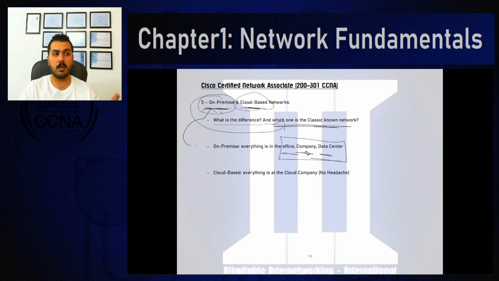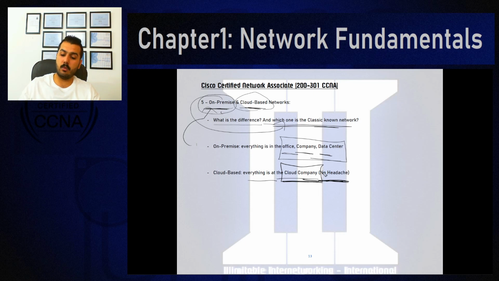The cloud-based type is a new type of network. Everything is at the cloud company, which results in no headache for you or for your local engineers inside your branch office.